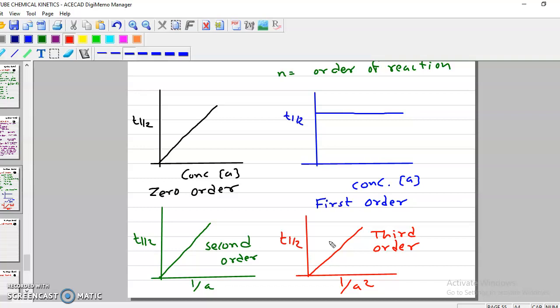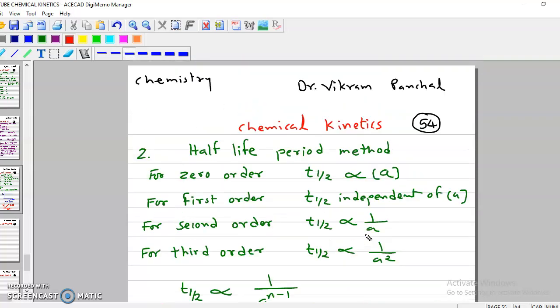Okay. Now we can derive one formula from T half also.